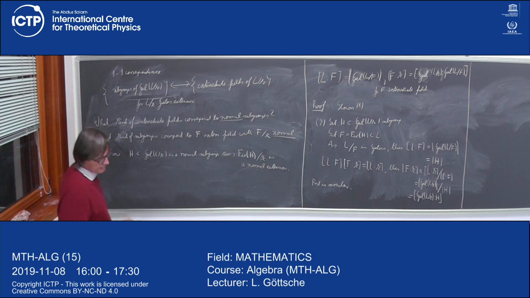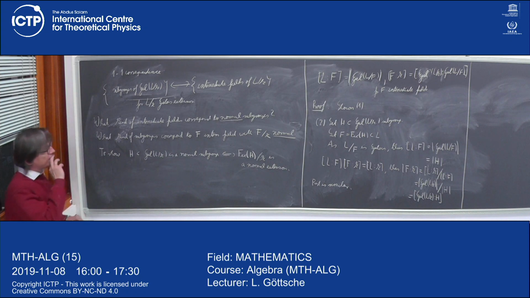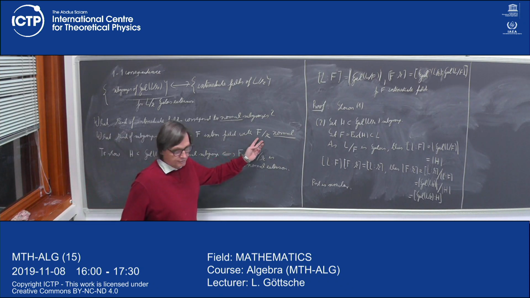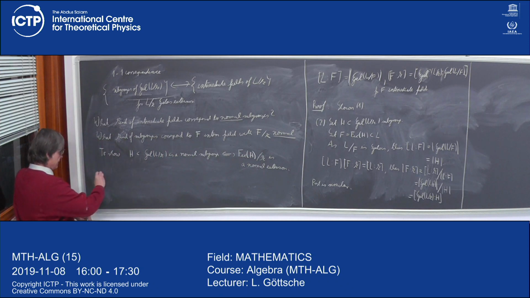Okay, so let's now go about doing this. There's also another description of what it means for this to be normal, which is also kind of nice. So you can first look at the following situation.